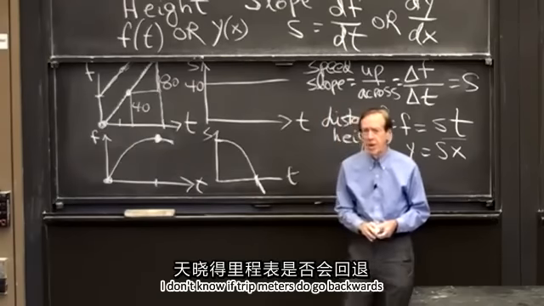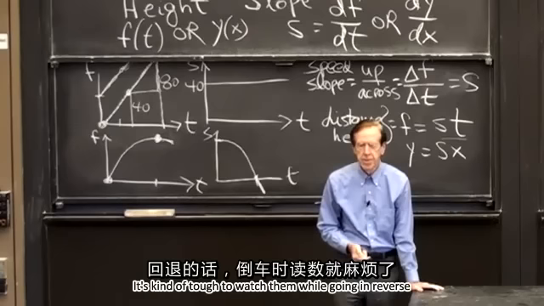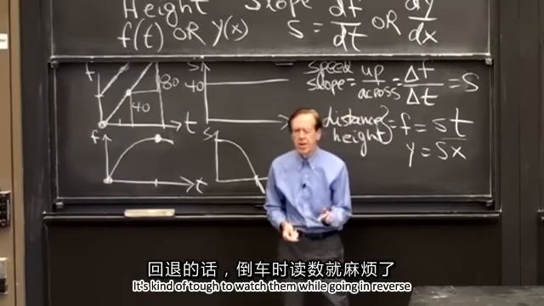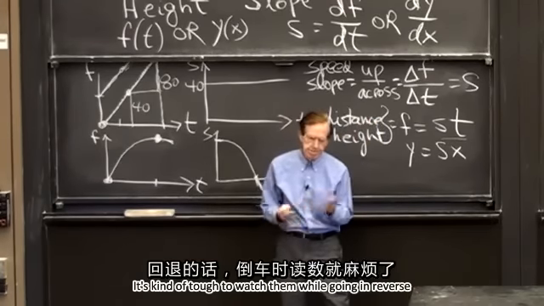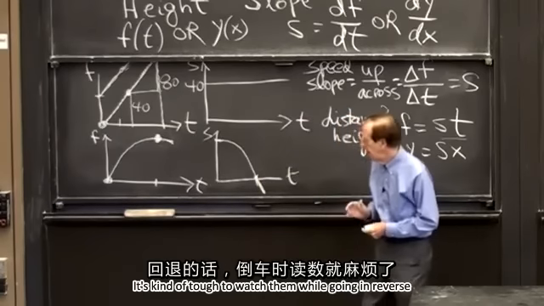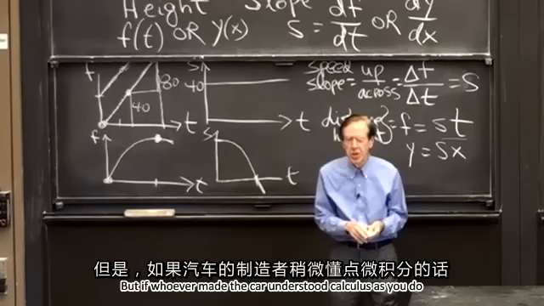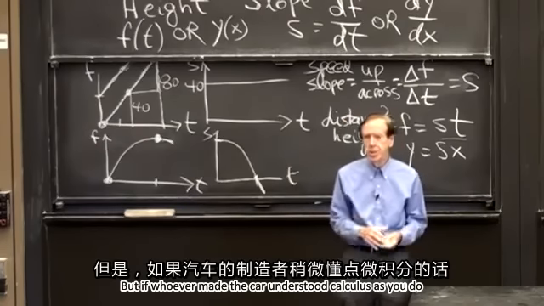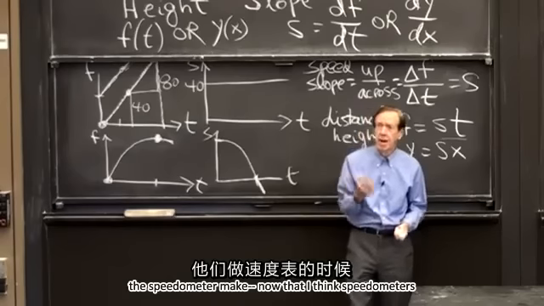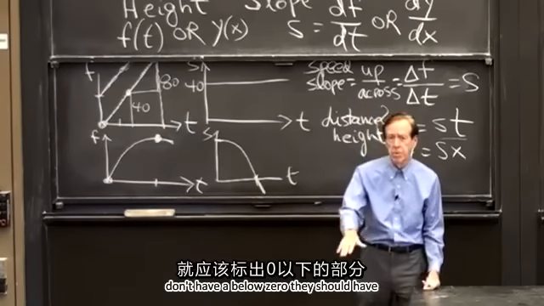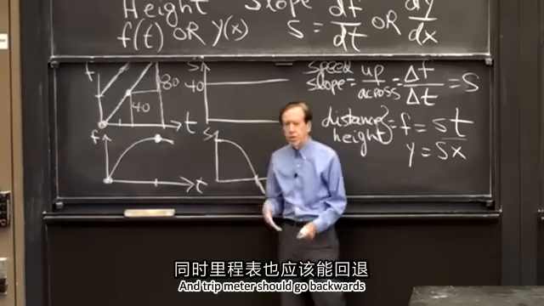I don't know if trip meters do go backwards. It's kind of tough to watch them while going in reverse. But if whoever made the car understood calculus as you do, the speedometer, maybe now that I think of it, speedometers don't have a below 0. They should have. And trip meters should go backwards.